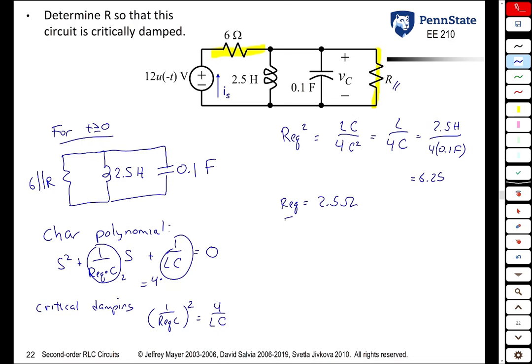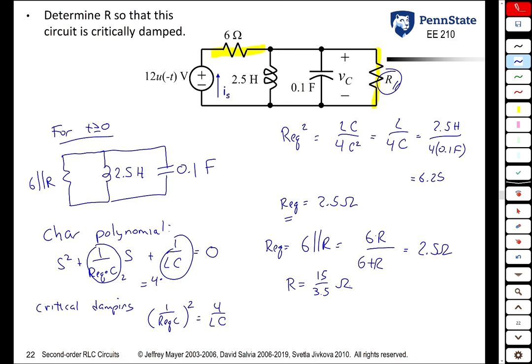Finally, that's R equivalent, not R. So R equivalent is 6 in parallel with R, and that's going to be the product over the sum, and that has to equal 2.5 ohms. You solve for R, you get R has to be 15 over 3.5 ohms.